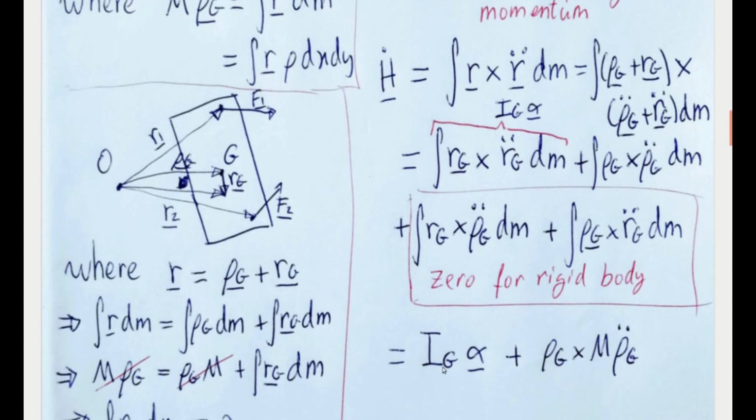So all you're left with is the first integral, which is the moment of inertia around the center of mass times the angular acceleration of the body around its center of mass, plus this thing here, which again, these vectors rho g don't depend on the position in the body, so you can move this whole thing outside the integral, and you're left with an integral of each of the elements of mass, so that just becomes the total mass, and then you're just left with rho g crossed with rho g double dot times total mass.